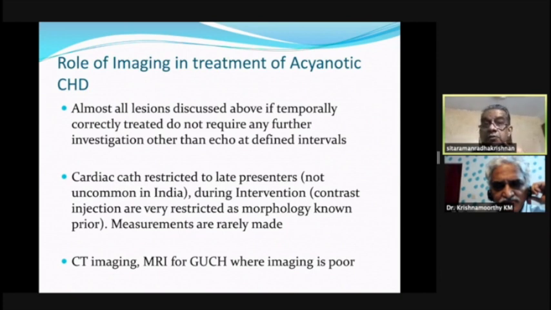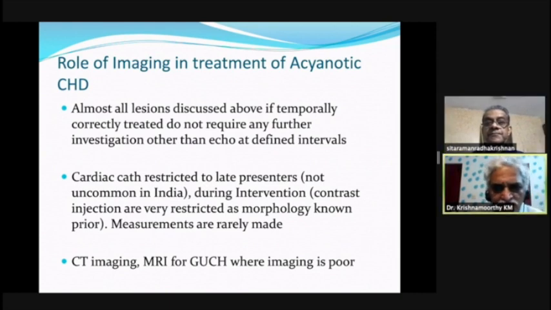The VSD is suitable for a device closure, that means it is away from the aortic valve. And of course, the PDA is very rarely unsuitable for a device. So, how many patients would you encounter with this clinical scenario? I rarely encounter such patients who have the correct hemodynamics, the correct anatomy, and then we subject them to a device closure for both VSD and PDA.